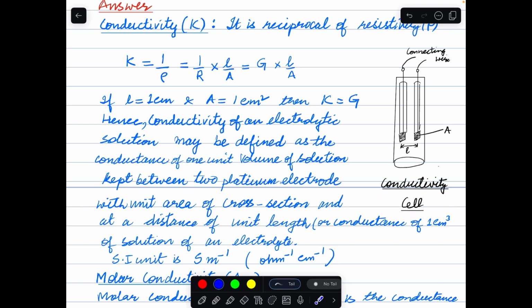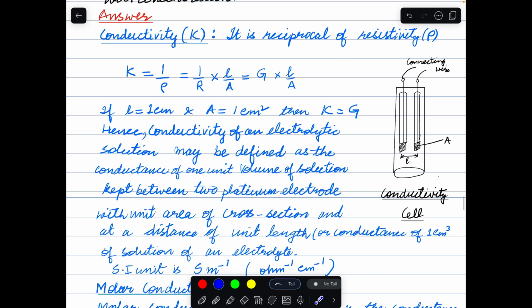Here we have two inert electrodes connected to each other via an external circuit. These are basically platinum electrodes coated with finely divided platinum, having a cross-sectional area A, and the distance between the two electrodes is L. We will use this A and L in our definition, so that you have no confusion about where they come from.